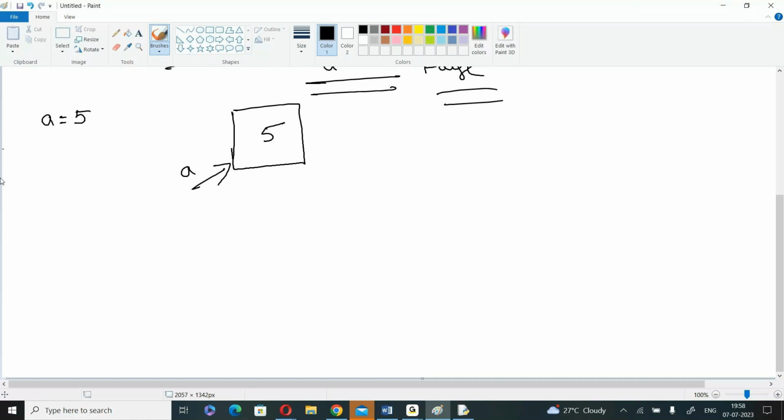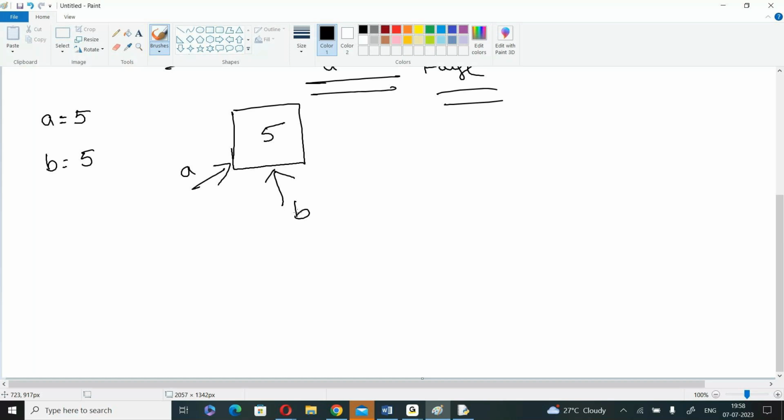Now, within my program, I do one more step. Suppose b is equal to 5. Again it does the same thing: does any memory location already exist with the value 5 or not? Yes, it already exists. So instead of creating new memory, b also refers to the same memory location to save space.